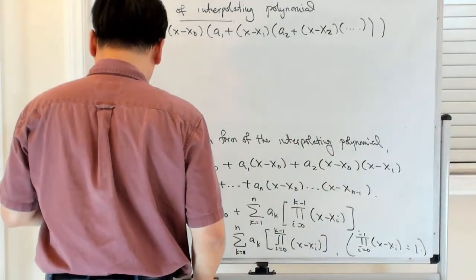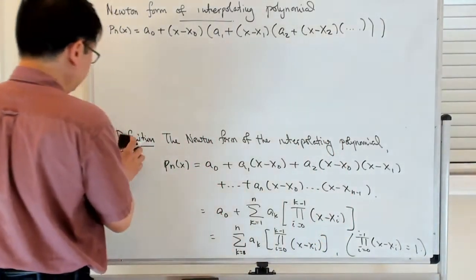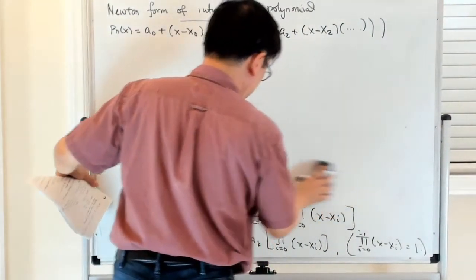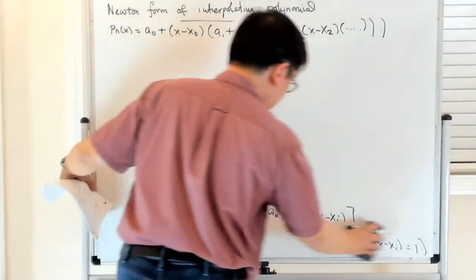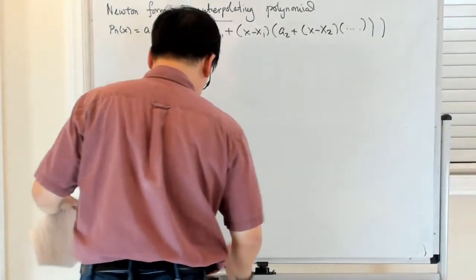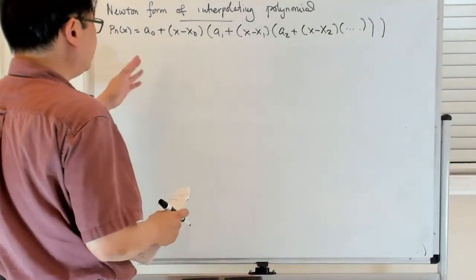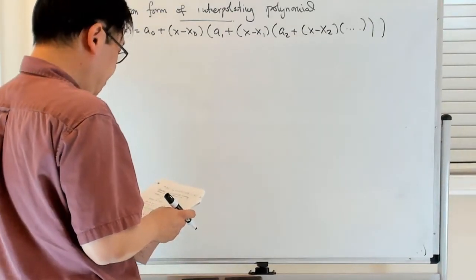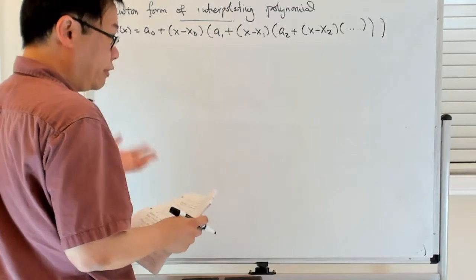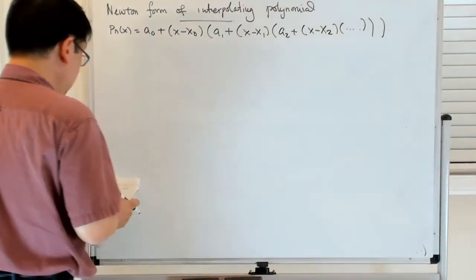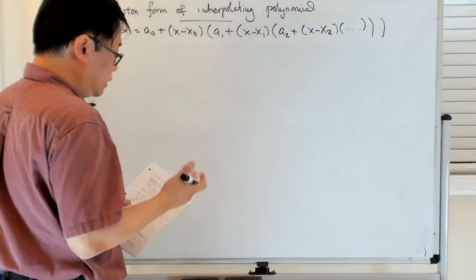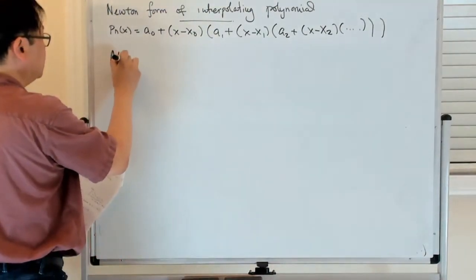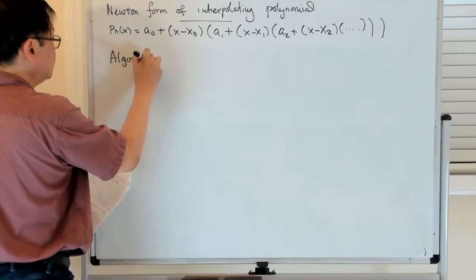So let me write down the algorithm, and then the next thing we'll do is talk about how you compute the coefficients which allow it to be an interpolating polynomial. Okay, so the algorithm is as follows.